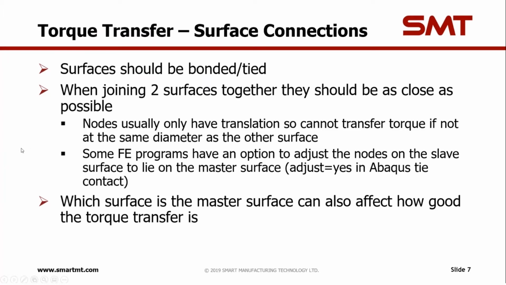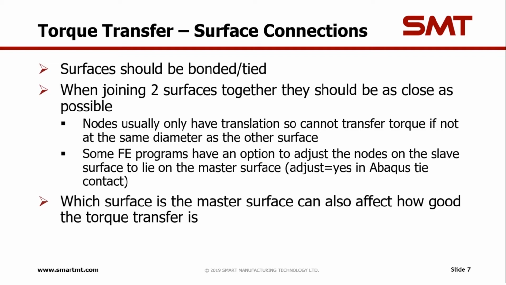Okay, so another common problem that we can get is to do with the surface connections. As I said, it needs to be linear in MASTA, so we'd always use a bonded or tied connection depending on the FE program. You should also make sure that the two surfaces are as close together as possible, particularly if it's two parts of a shaft, for example a gear mounted on a diff housing.